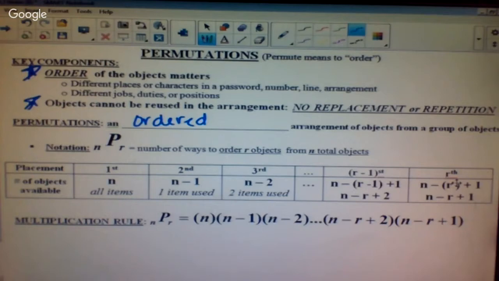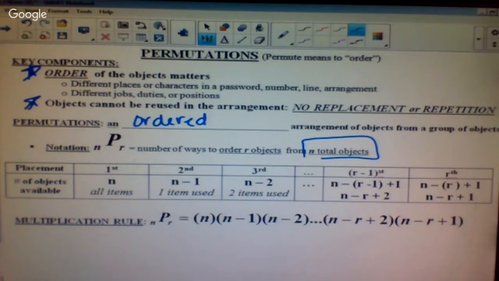Okay? And they note this as nPr. So, n represents the total amount of objects that you're ordering. Okay, so I have 20 students. 20 would be your n value.